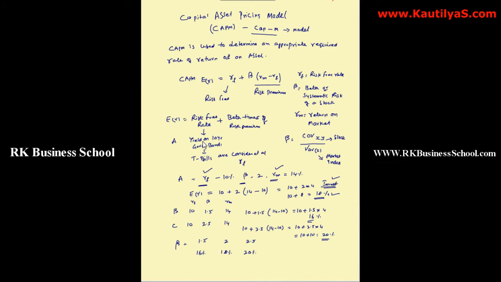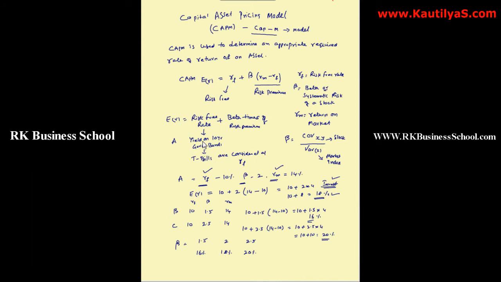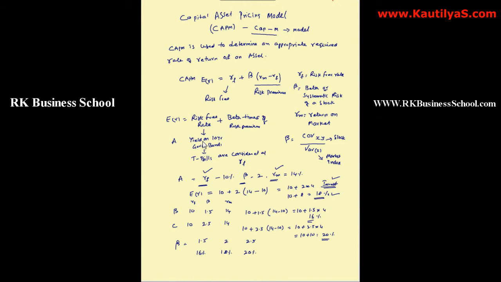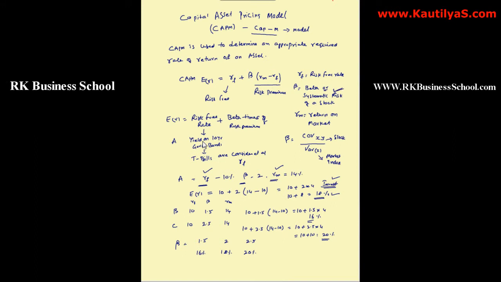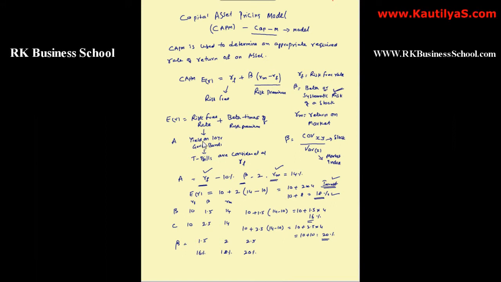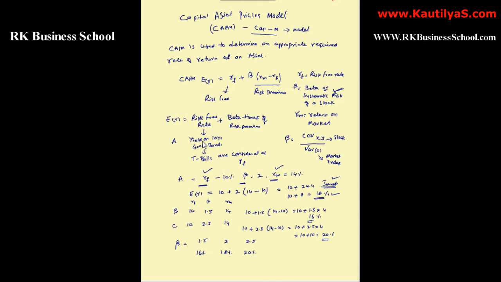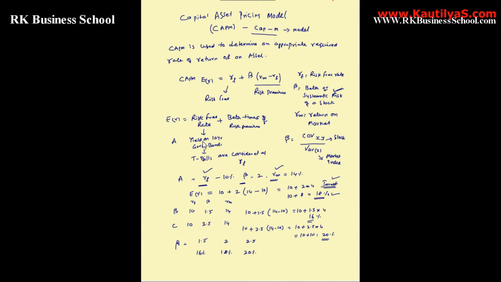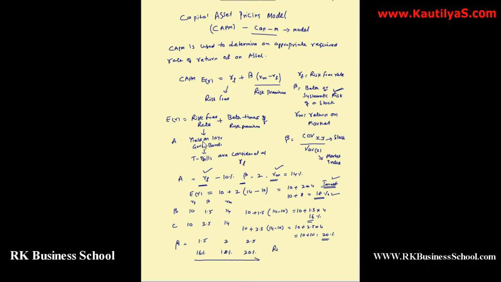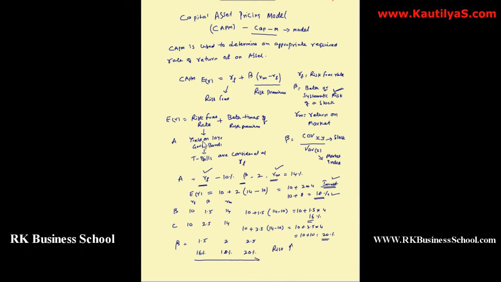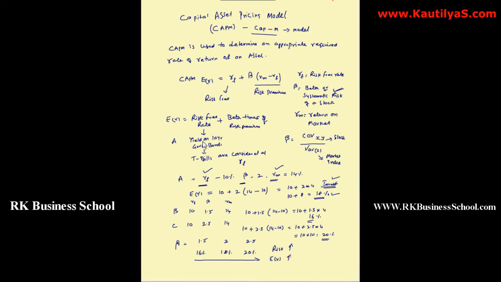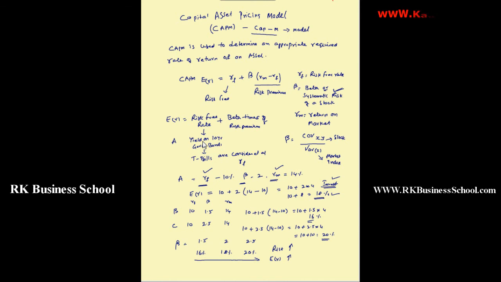This means when the beta, the systematic risk, increases, and when risk is high, the investor's expectation from the stock, or the investor's required rate on a stock, also increases. So we can say as the risk increases, expected return or required rate of return also increases.